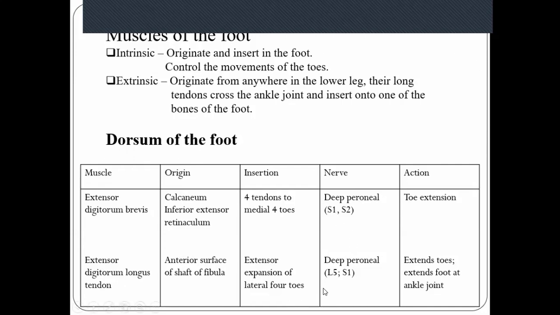But the roots are somewhat different. The roots supplying the extensor digitorum brevis are S1 and S2, and the extensor digitorum longus tendon is L5 and S1. Okay. Its action is to extend the toes and to extend the foot at the ankle joint.